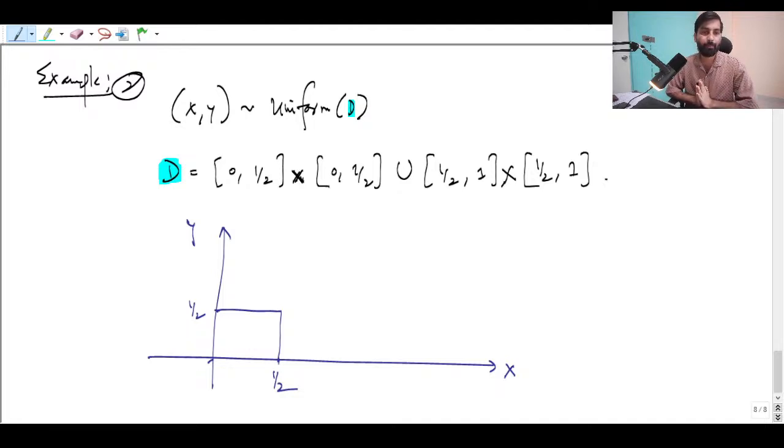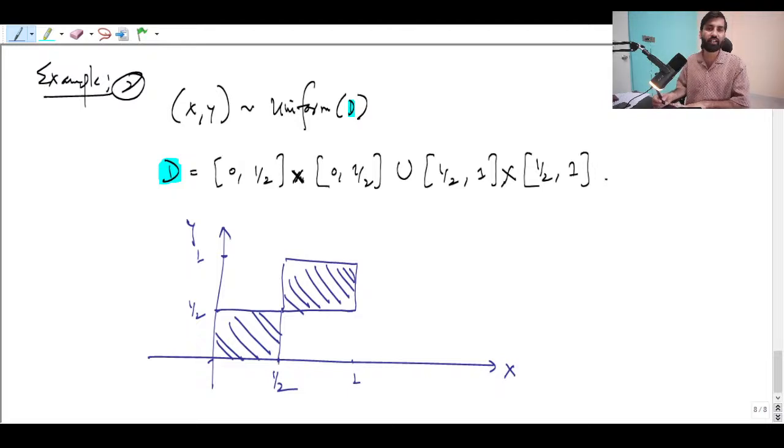If you take x equal to a, a can take a value between 0 to 1 by 2, but it is constant. It is uniform. And next, it is also taking 1 and 1. So this is the picture, and these are the regions of support.